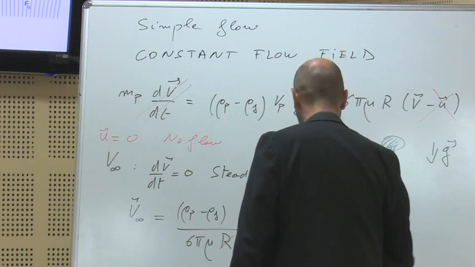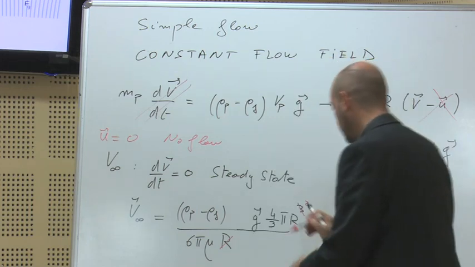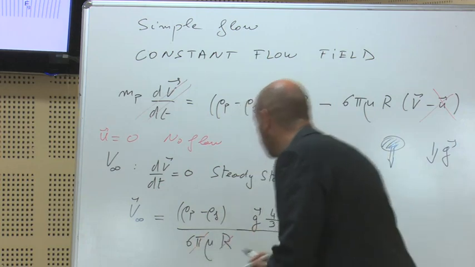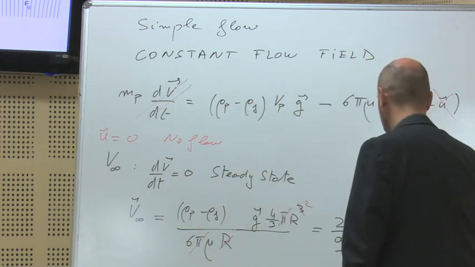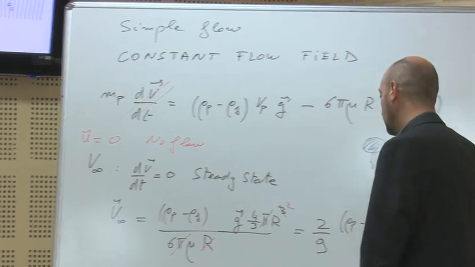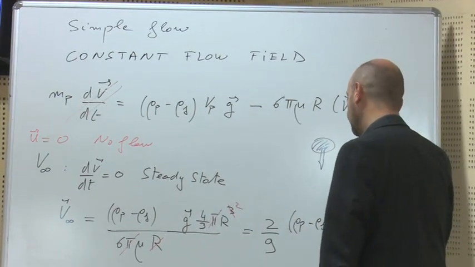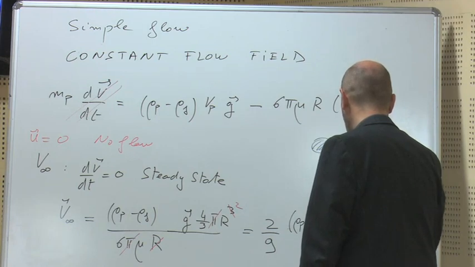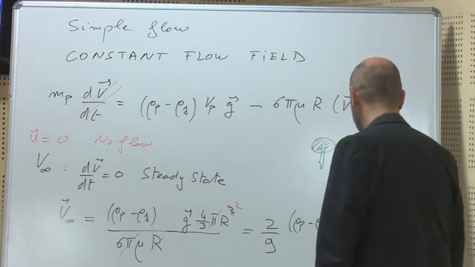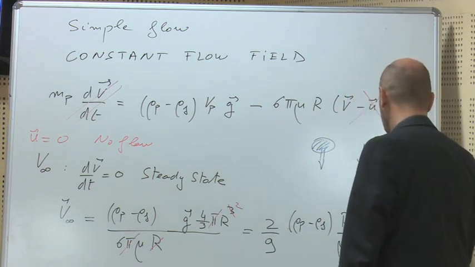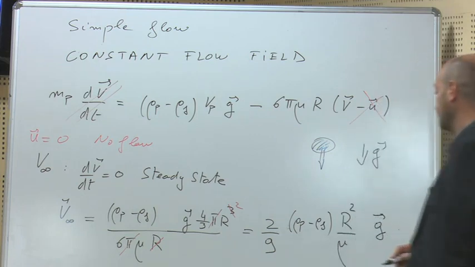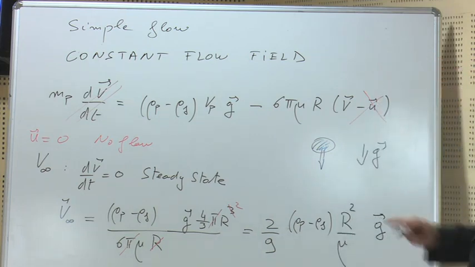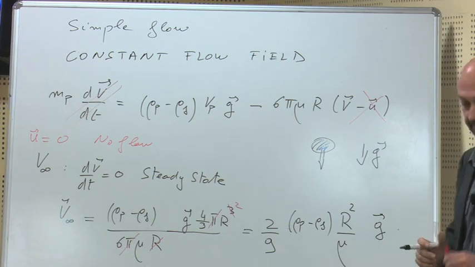So v infinite is 2/9 (rho p minus rho f) r squared over mu, times g. And this is correct. Okay.